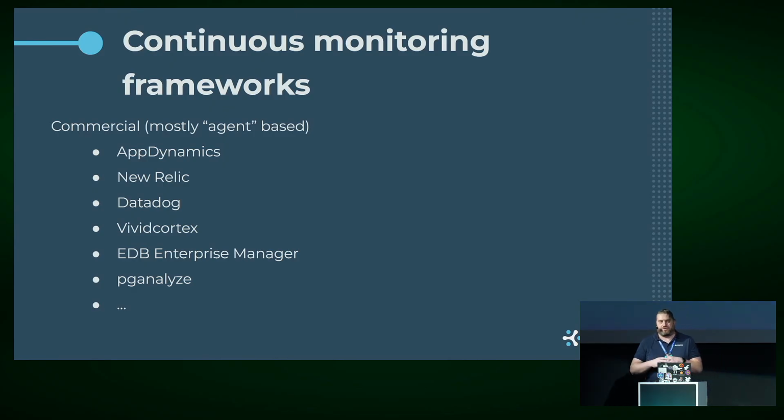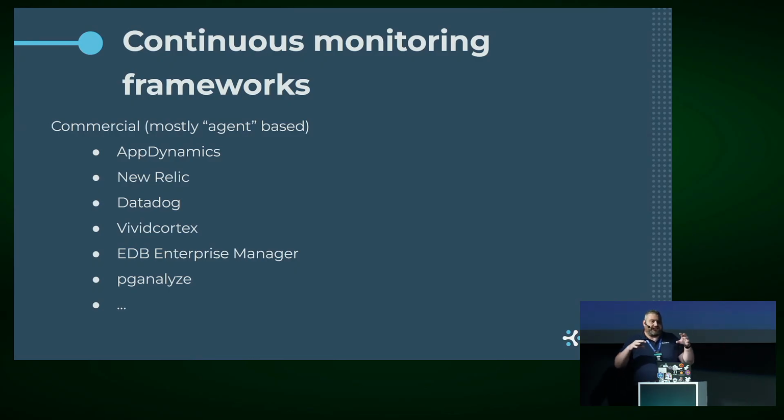If we are speaking about continuous monitoring, that means you are collecting your data and then later you get back to it to analyze what was the reason and how to work with it. In this field, we have commercial and open source different applications, and all of them are mostly agent-based.